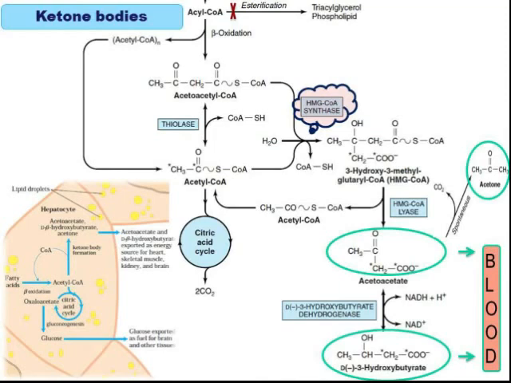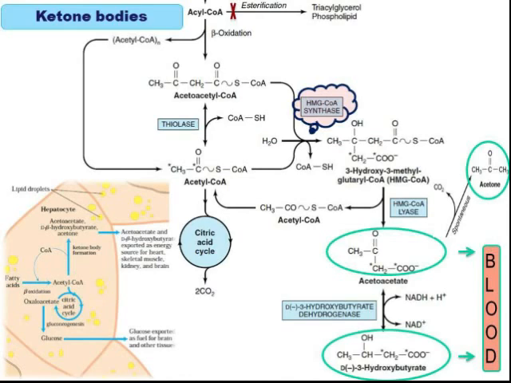Some amino acid breakdown also produces acetoacetyl-CoA, for example leucine, lysine, phenylalanine, tyrosine, tryptophan, etc., which are known as ketogenic amino acids. Thus, acetoacetyl-CoA accumulates within the hepatic mitochondria.